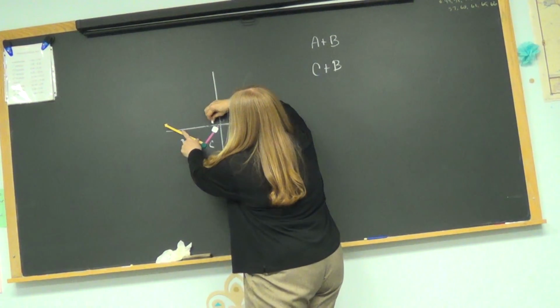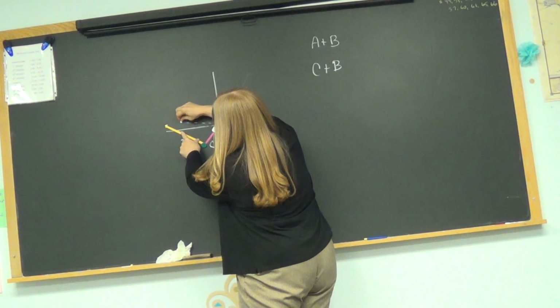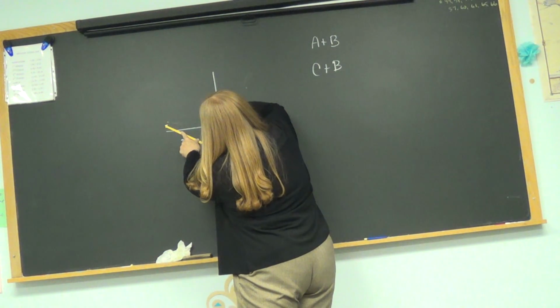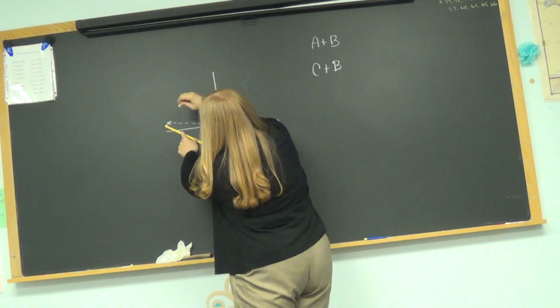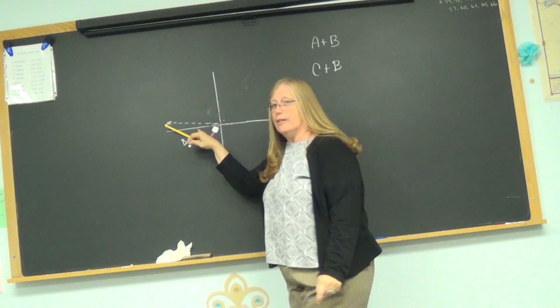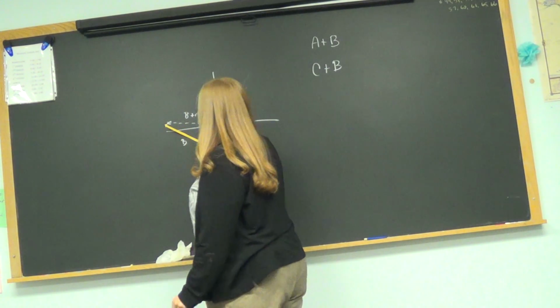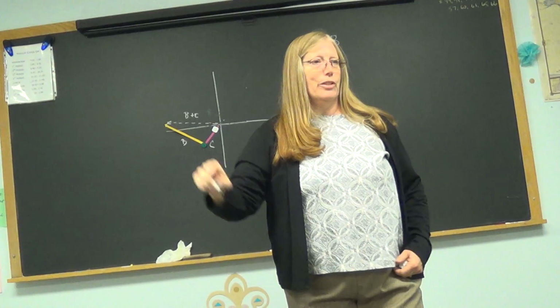And the resultant is always from the origin out to the final head of the second vector. Indicate that's the resultant by a dotted line and write on it B plus C, keeping the arrowhead in the right direction, always away from the origin.